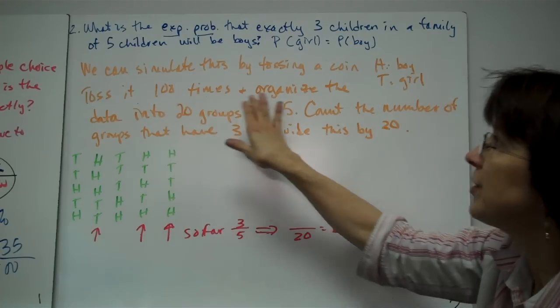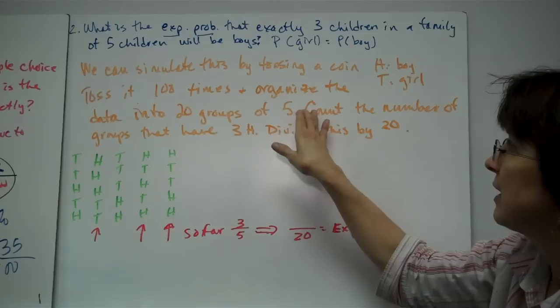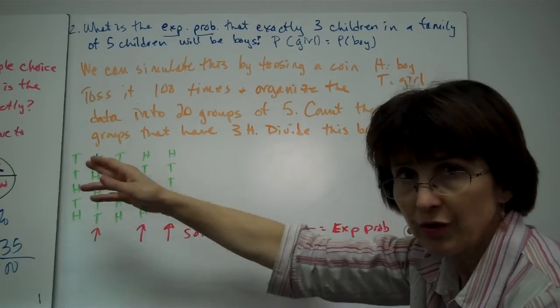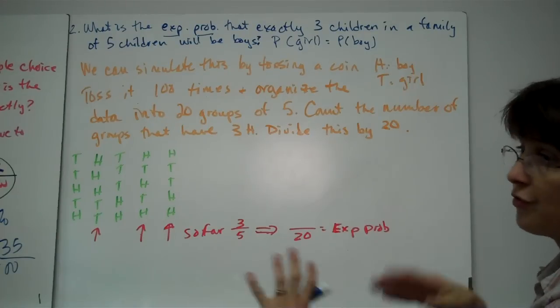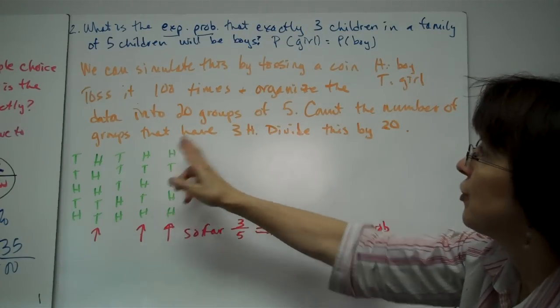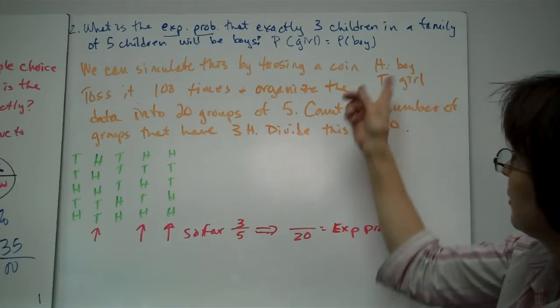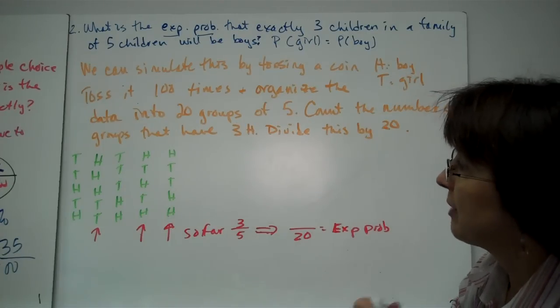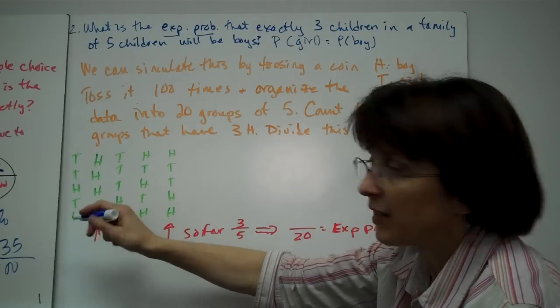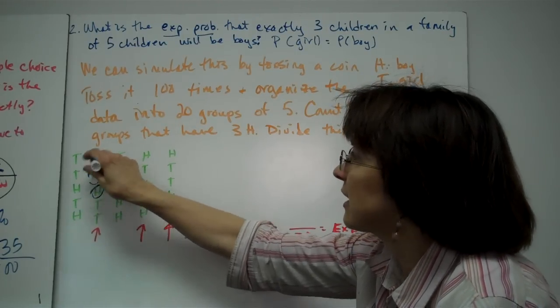So if you toss it 100 times, you organize it into 20 groups of 5, because that would be the 5 children, and you want to do about 20 of them. You could do more if you wanted, but let's just start with 20. Then you count the number of groups that have 3 heads, which in our case would be 3 boys. Here I did a few of them. I did 5 here. See right here, that only had 2 heads, so that's not going to count. Here I have 3 heads, that's like having 3 boys.